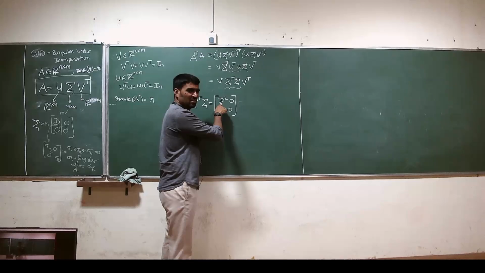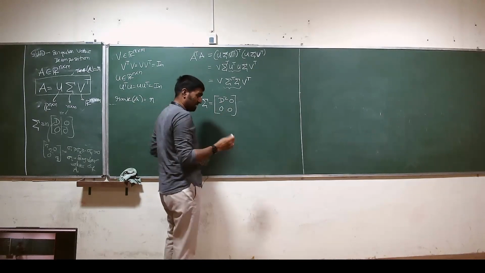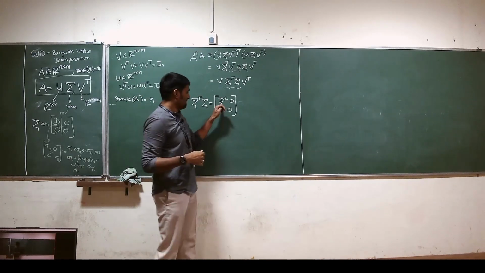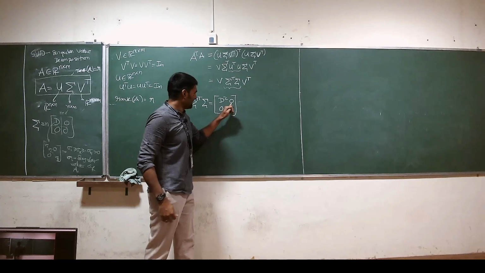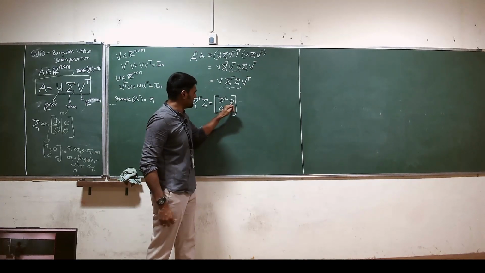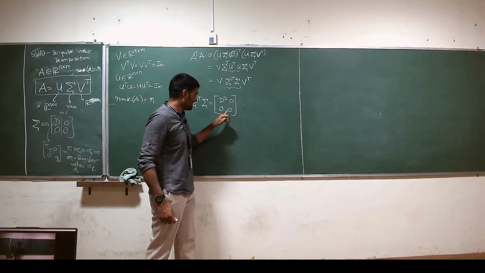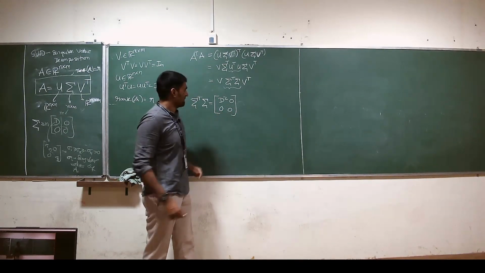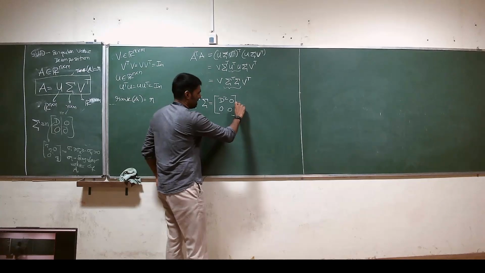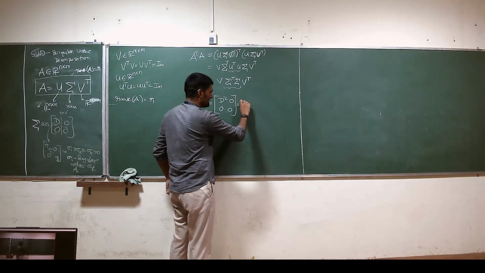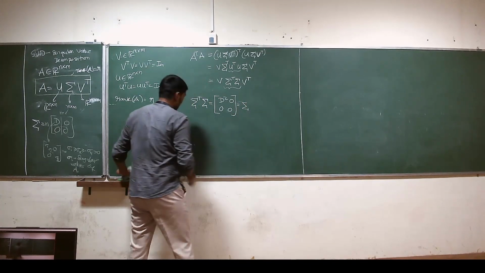This I can square. D is a square diagonal matrix, so this I can square. And the zeros here will be of size M minus R. I'm not going to write it as sigma square, because it will only create confusion.